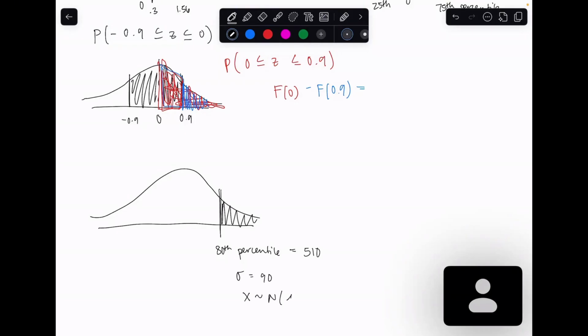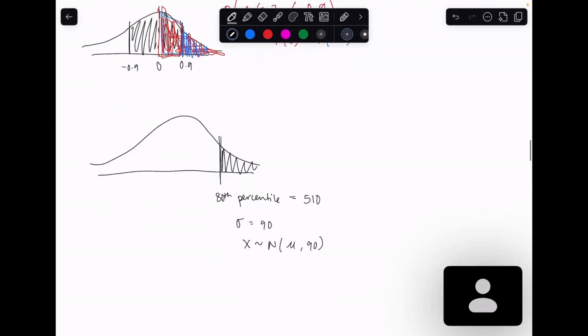So this is what I know. And what do I need to find? The average test score. So I need to find this mu, right? So I know that the probability that this X value is below or equal to 510 is 0.8. If I take 1 minus this, that's the probability of those who are admitted, right?